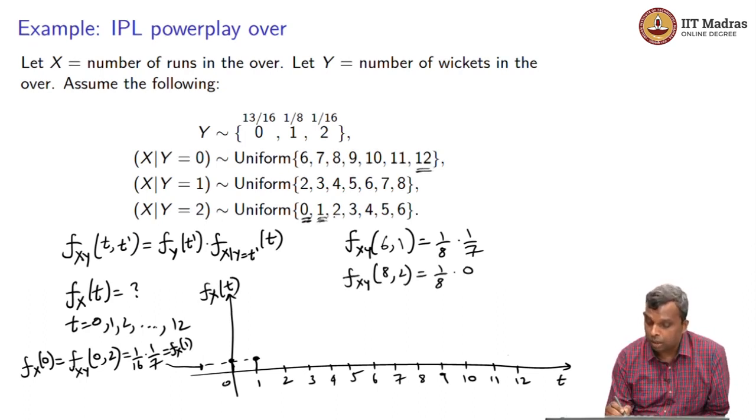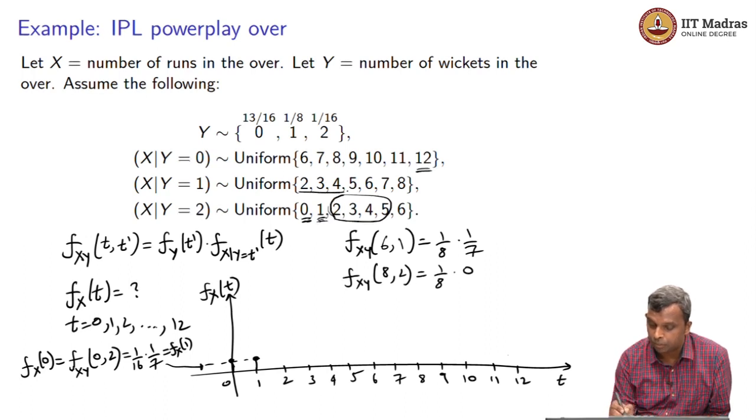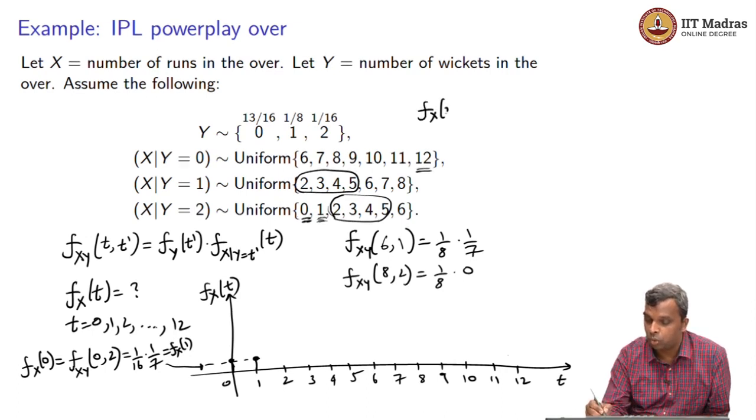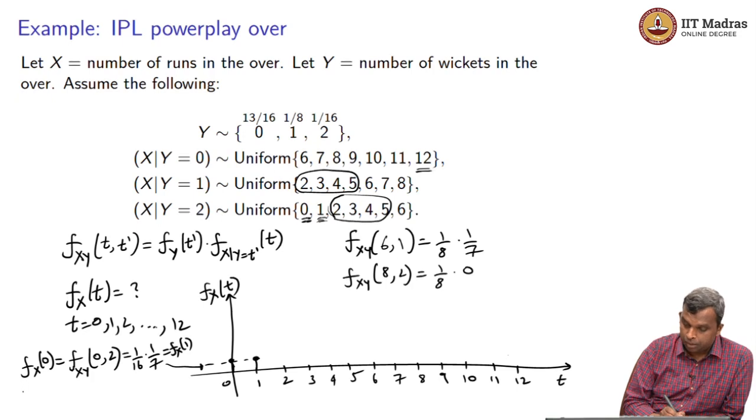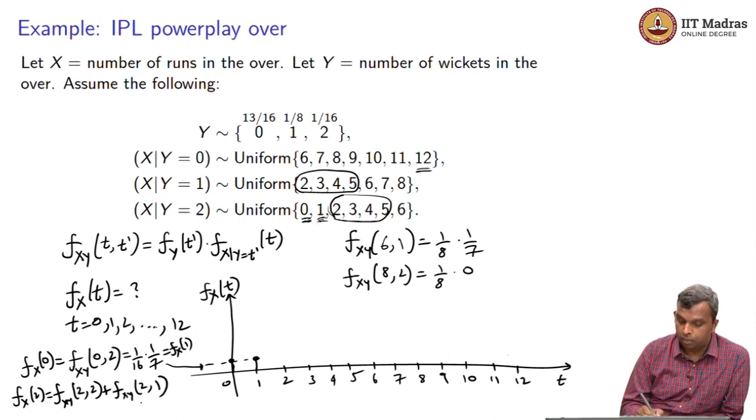Now, 2, 3, 4, actually 2, 3, 4, 5, happen here as well as here, isn't it? So if you are doing fx of 2, maybe I should write it here, otherwise it becomes a bit more messy. fx of 2 is going to be fxy of 2 comma 2 plus fxy of 2 comma 1, right.